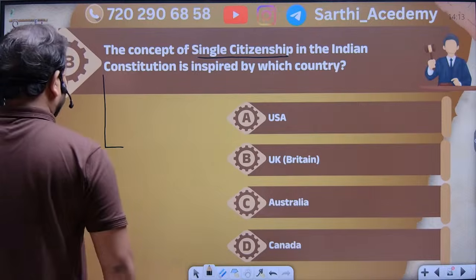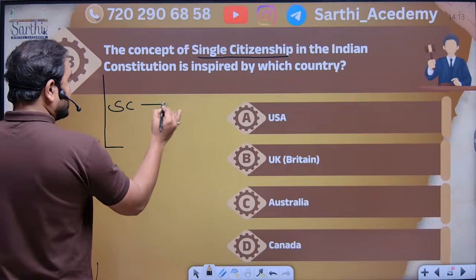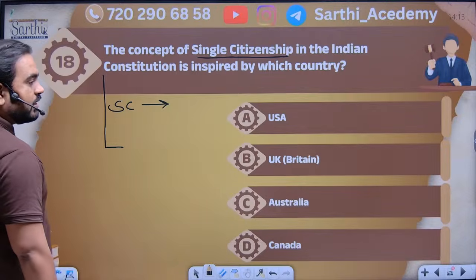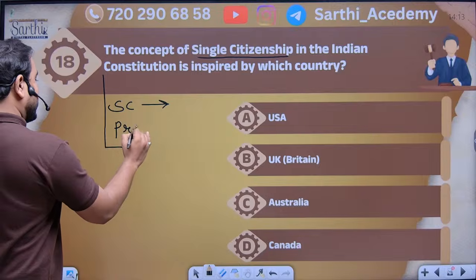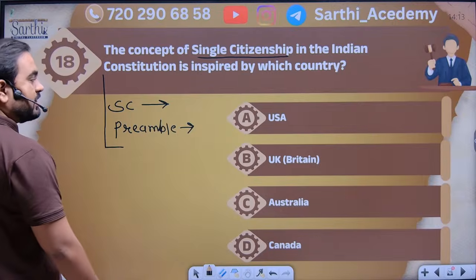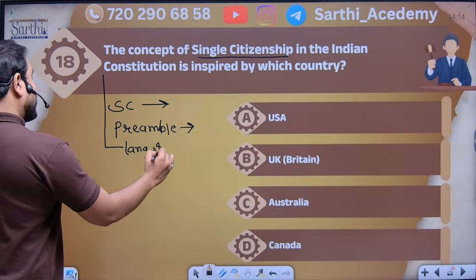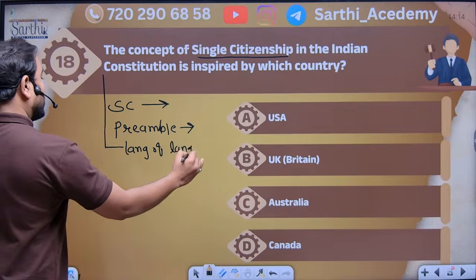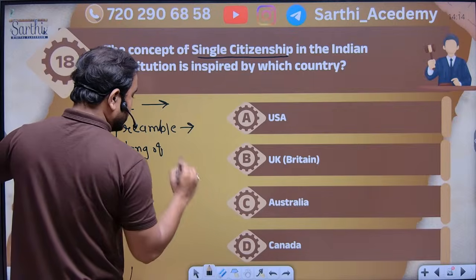Please answer. Also answer this: from which country did we take the concept of the Supreme Court? Preamble, from which country? Language of preamble inspired from which country?